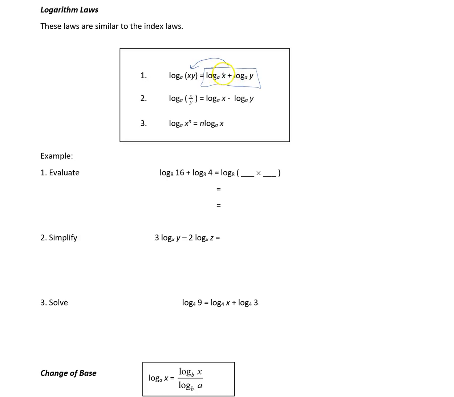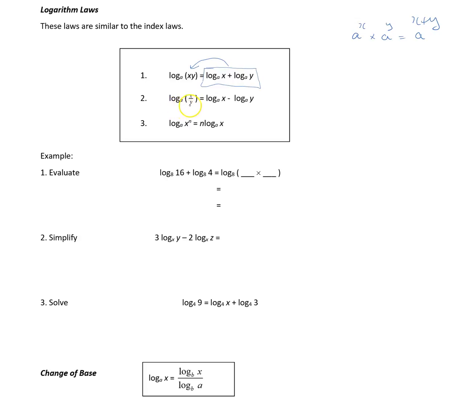We know that if we had a product of terms, when you had a to the x times a to the y, same base, you added the indices. It's like now we've got the log of a product of two numbers to a given base, you add the logs.